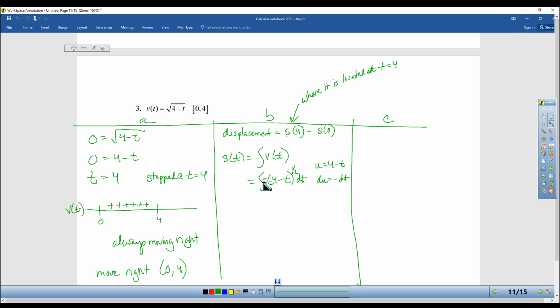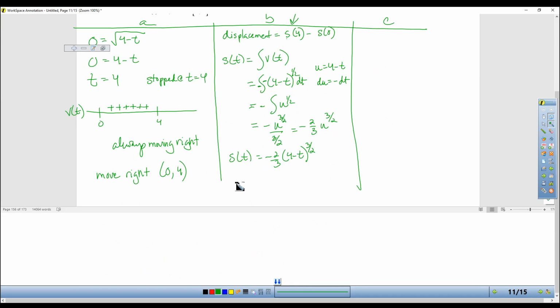I don't have a negative, so I'm going to add a negative to both sides, and I get negative integral of u to the 1/2, which is negative u to the 3/2 divided by 3/2, which is negative 2/3 u to the 3/2. My final answer, S of t, is negative 2/3 times 4 minus t to the 3/2.